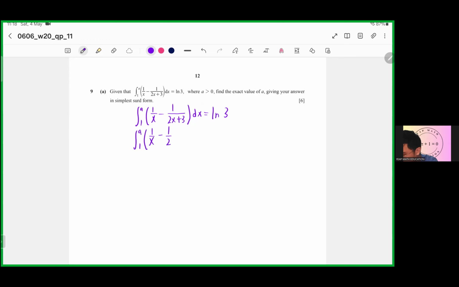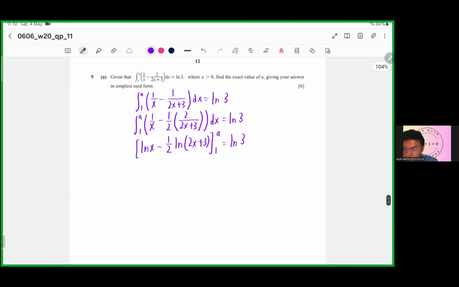Okay, I write here 1 over 2 and then 2 over 2x plus 3 here. So now we can get ln x minus 1 over 2 ln(2x plus 3), bracket, from a to 1 equals ln 3. Now we can put in the values step by step.